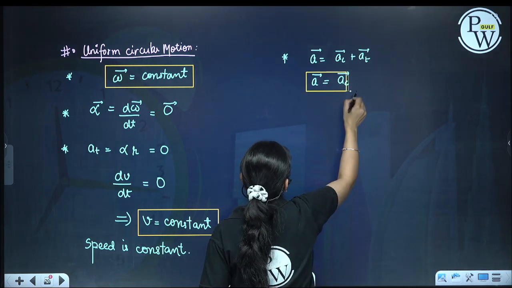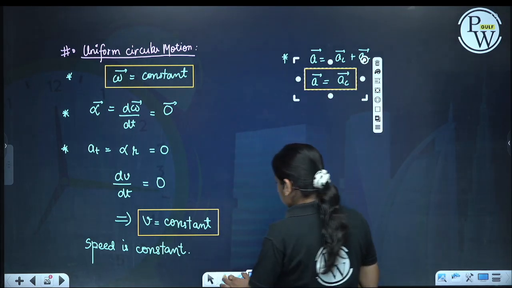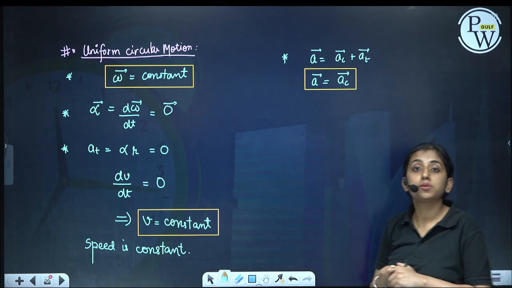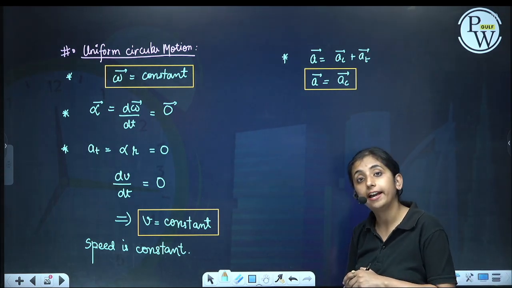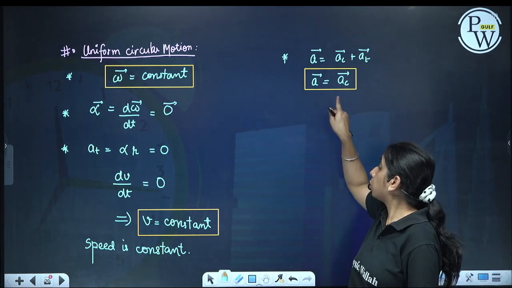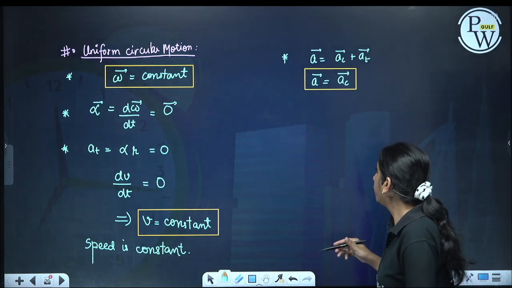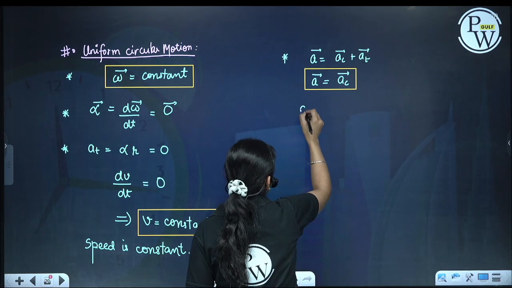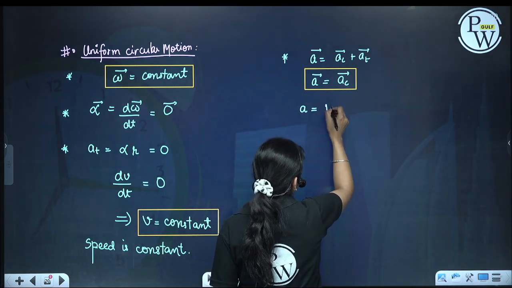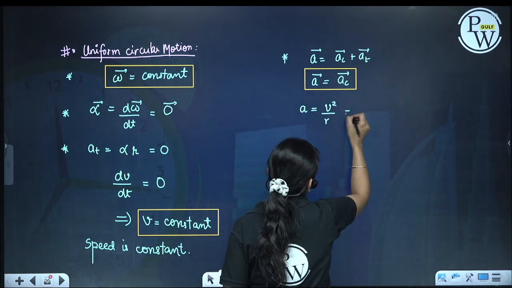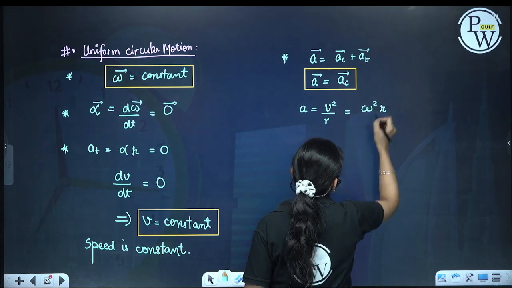As I told you earlier, even if speed is not changing, the direction of velocity is changing, so there will be some acceleration, which is centripetal acceleration. It equals v square by r or omega square into r.